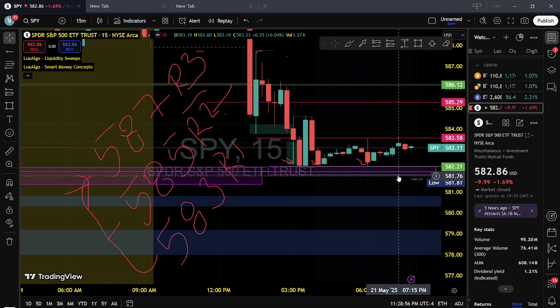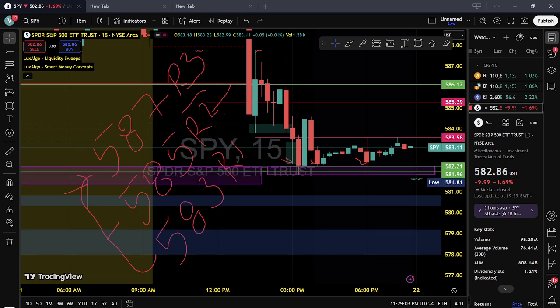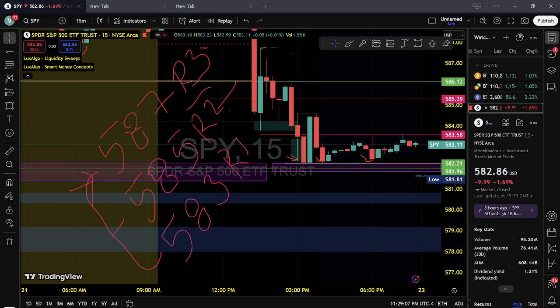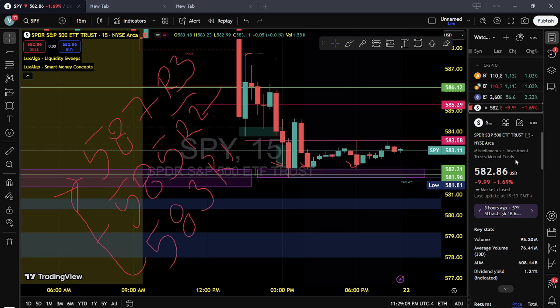Do I need to write it down? I can write it down small. Let's try. So 581.96. So 581, this order block from 581 to 582 is very crucial.